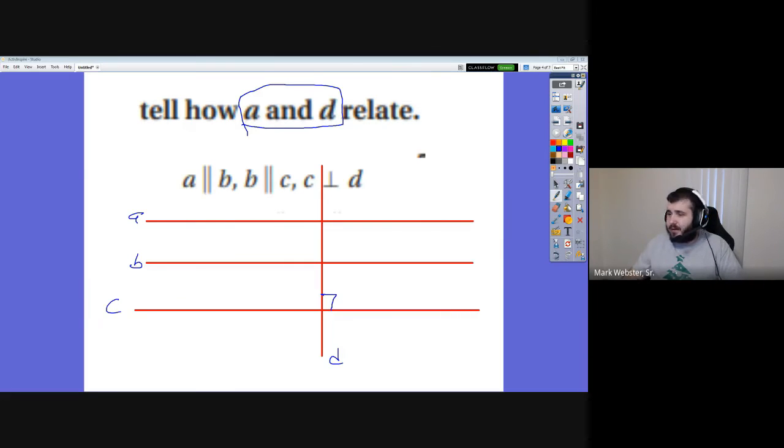Anybody tell me? Line A and line D, how are they related to each other? It's a right angle. That's exactly right. They meet at a right angle, so A and D are perpendicular.